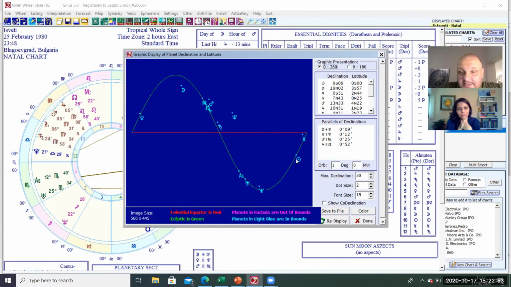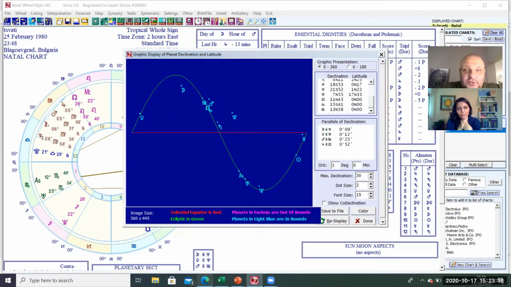Somewhere around the same point, there is going to be another planet at the bottom, or a planet somewhere here in one line with Venus. That would be something to do with the parallel and the contra-parallel aspect. Now, to make that easier, you can see the declinations written up there for each of the planets.